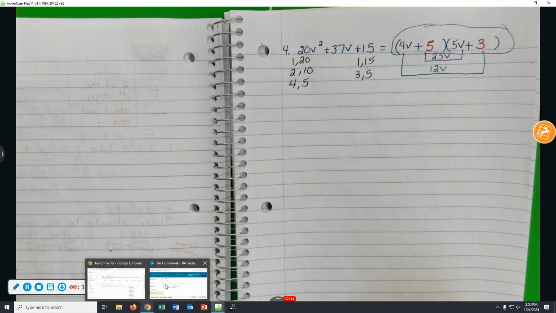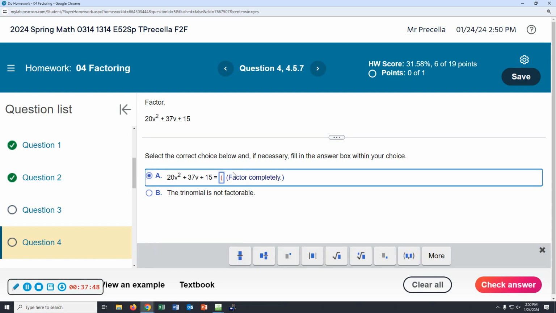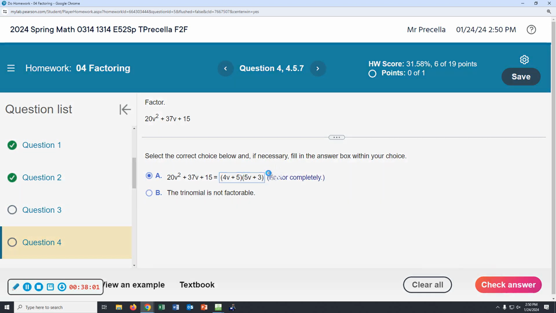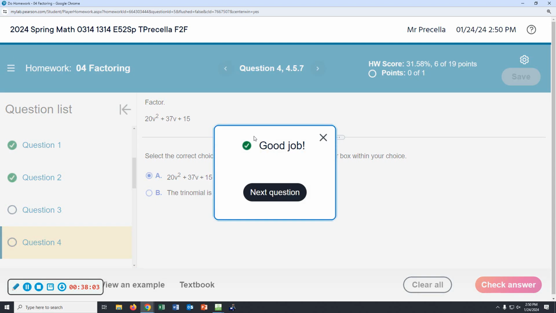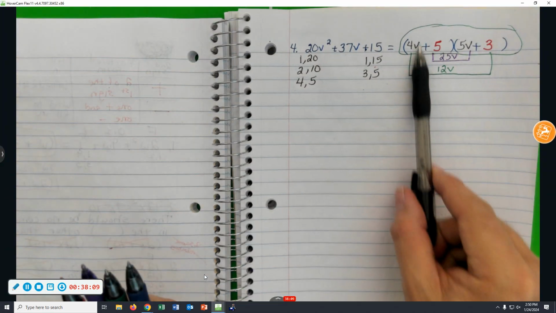Okay, I type it in. 4v plus 5 times 5v plus 3. So left parentheses, 4v plus 5, times 5v plus 3. And if you type an X, you'll get the wrong answer. You have to use the variable that they have in the problem. I just want to make sure, is it clear what I'm doing with these little marks here?